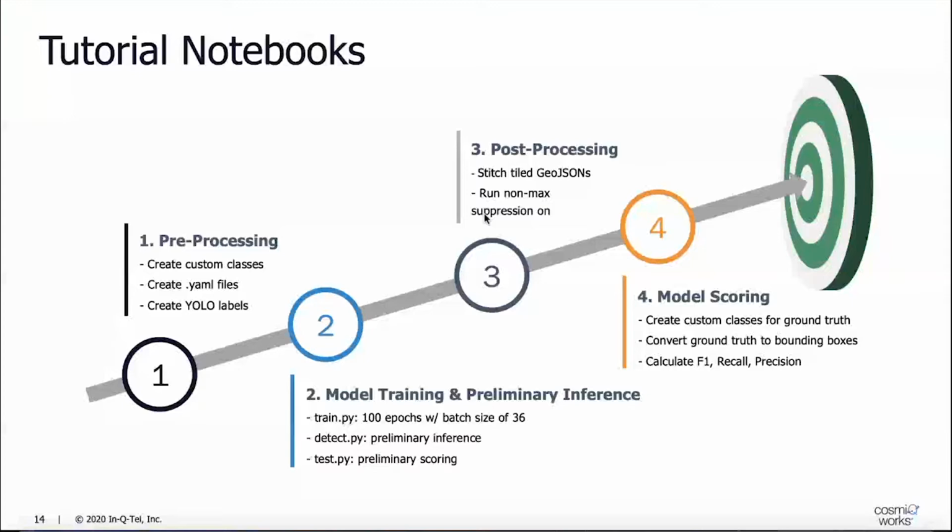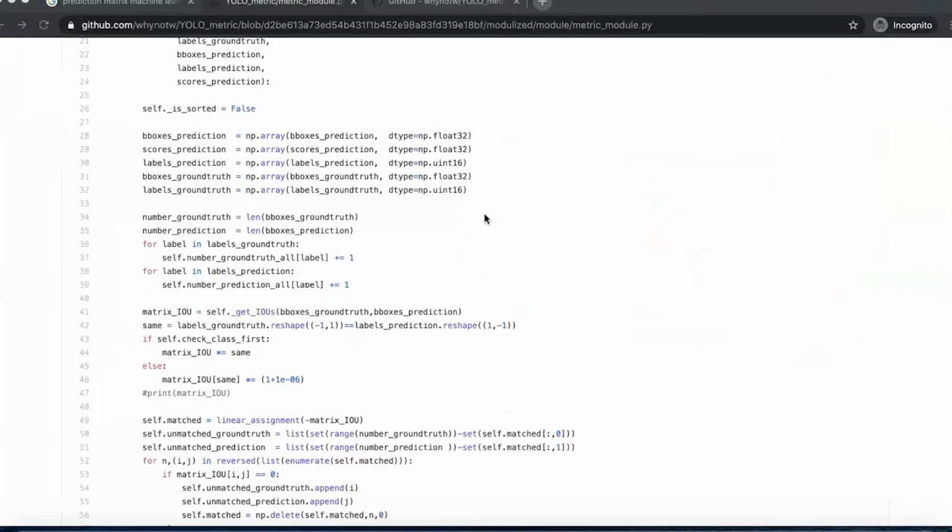And so that takes us to notebook 3, in which we'll stitch together the tiled GeoJSONs and then run another round of non-max suppression on the images. And then last but not least, model scoring, where we'll look to create custom classes for the ground truth, convert ground truth to bounding boxes, and then calculate F1, recall and precision to see how our model did. And so let's dive in.